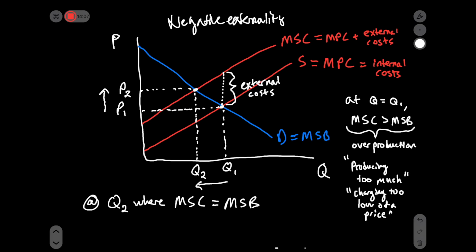And really, to correct for this problem, we need to do what's called internalizing the externality. We need to internalize this externality. Now, in this case, maybe there's some pollution that's running downstream and out of the factory and into a lake, perhaps.